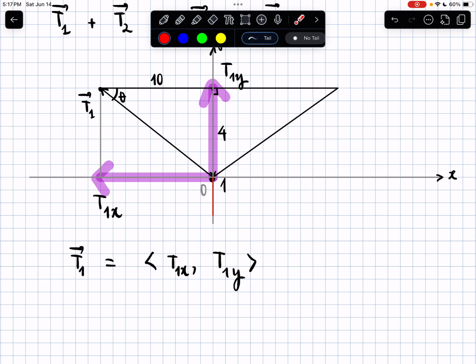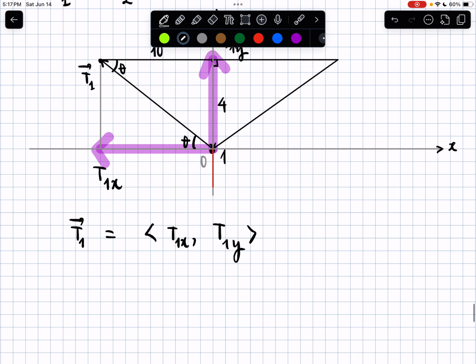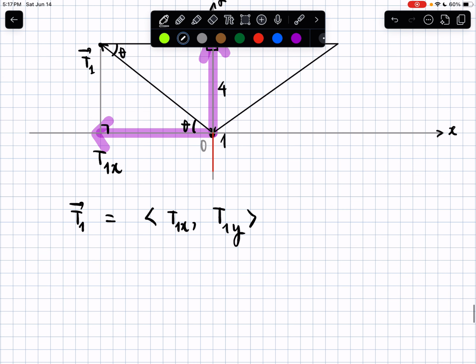So for T1, this angle is theta. In this right triangle, this is a right angle.